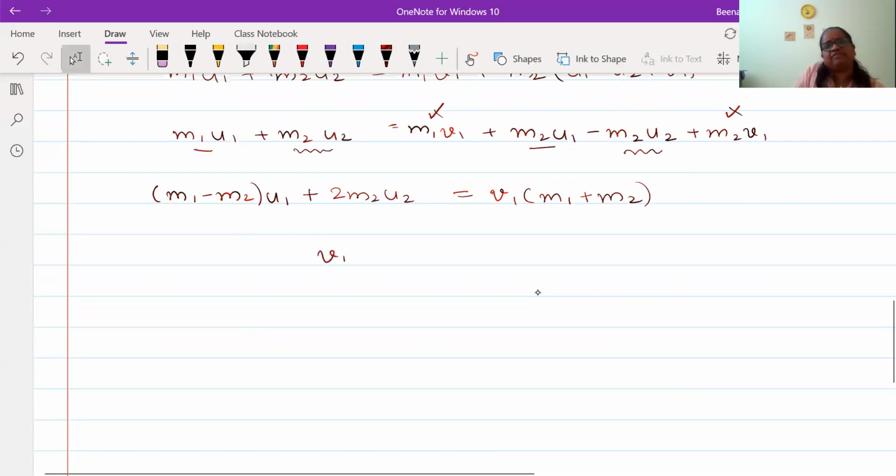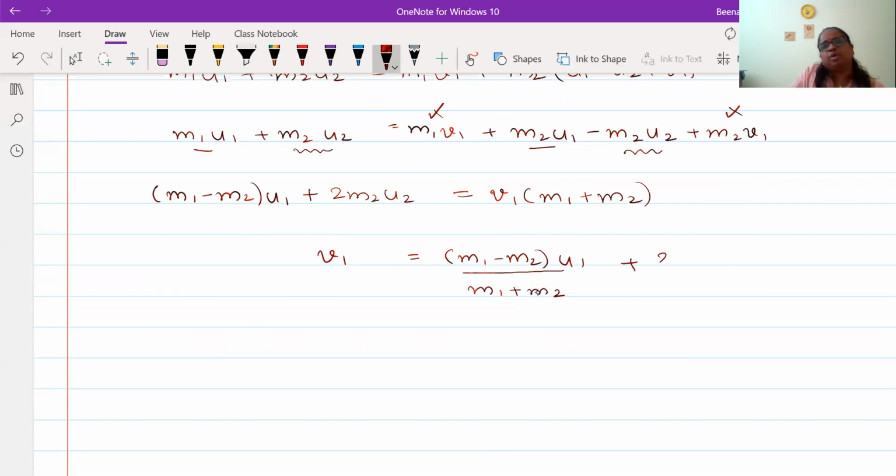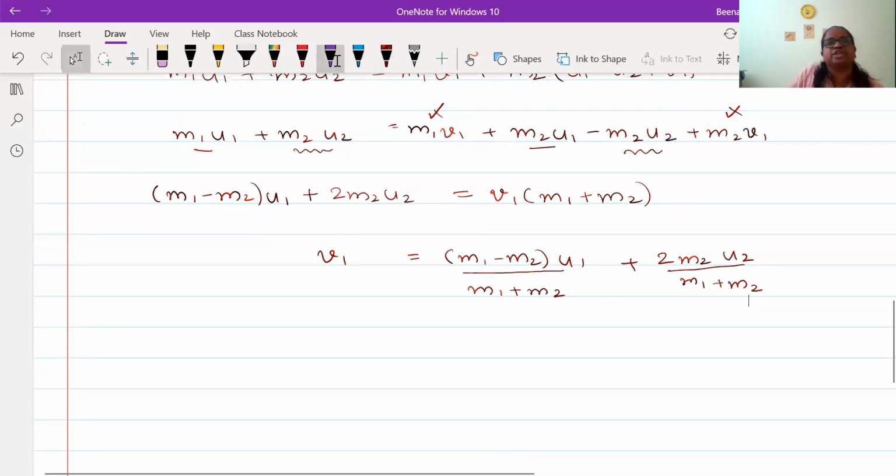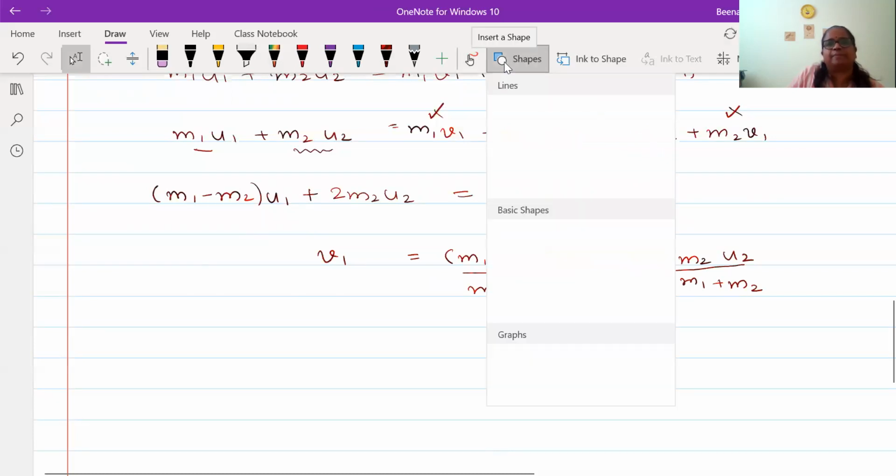So you can write V1 is equal to M1 minus M2 into U1 divided by M1 plus M2, plus 2M2U2 divided by M1 plus M2. So we got the expression for V1.